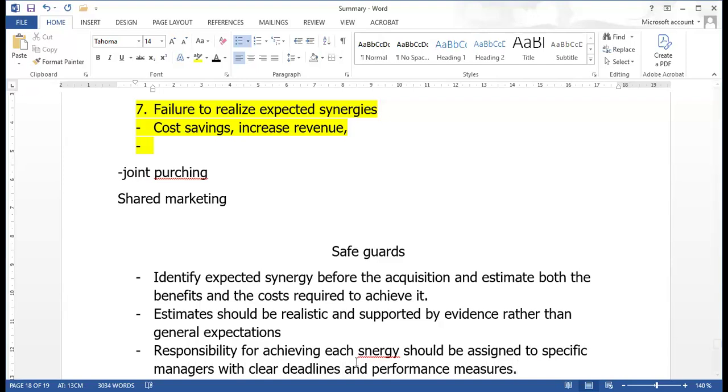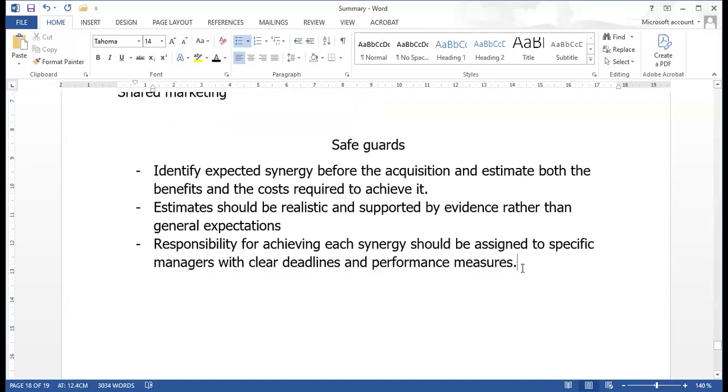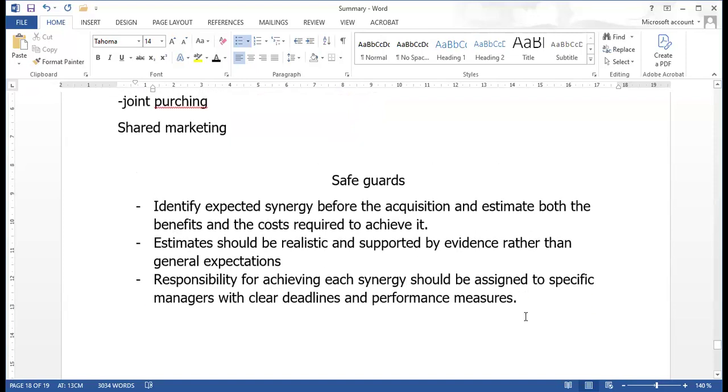It is something that you need also to consider. Let's say if it is about increasing revenue, who should take that, what should be the target, and what should be the measures.